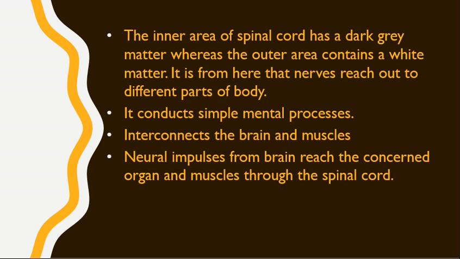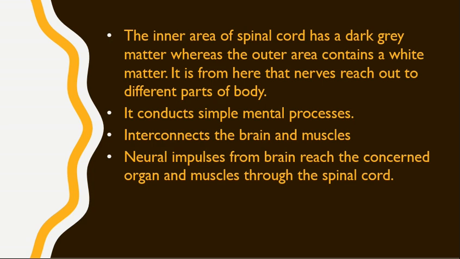These take messages from the body. These help to pass this message to the brain. If there is injury in the spinal cord, there would be no functioning of the body because the message is not being transferred to the brain. It conducts simple mental processes. It interconnects the brain and the muscles.